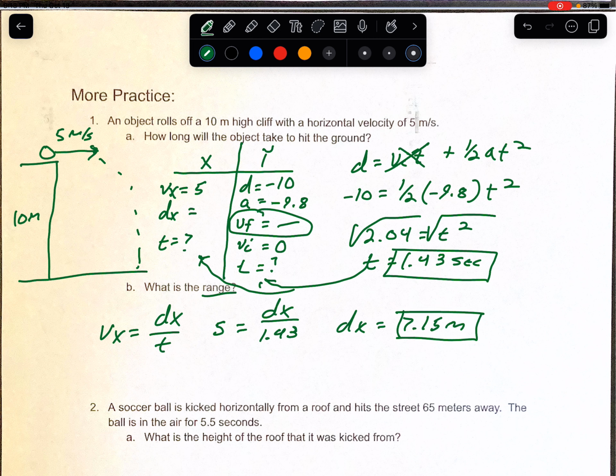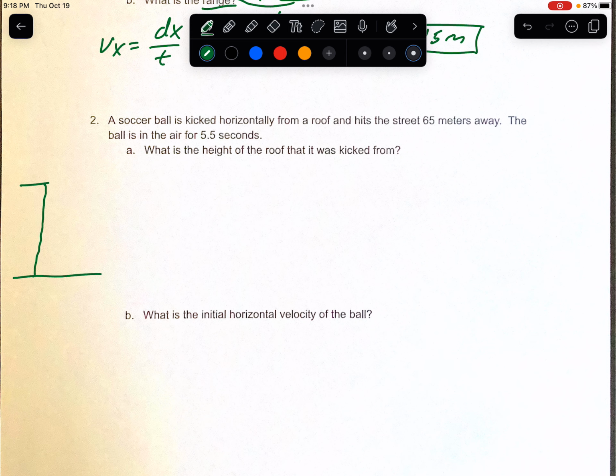Number 2, a soccer ball is hit horizontally from a roof. I know a lot of things are being launched off of roofs and it doesn't really make sense, but that is type 1 projectiles, when something is being launched off a horizontal surface. It's being kicked off a roof and lands 65 meters away. So 65 meters away is your horizontal distance.